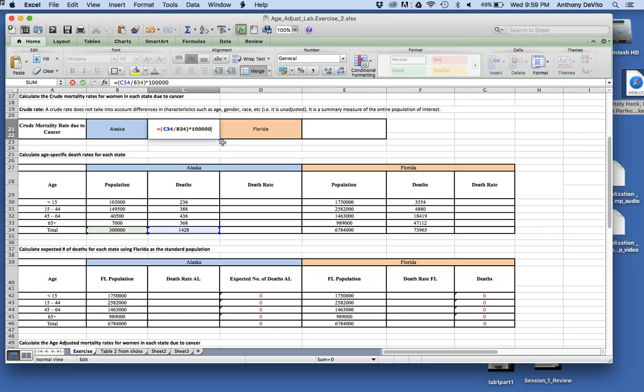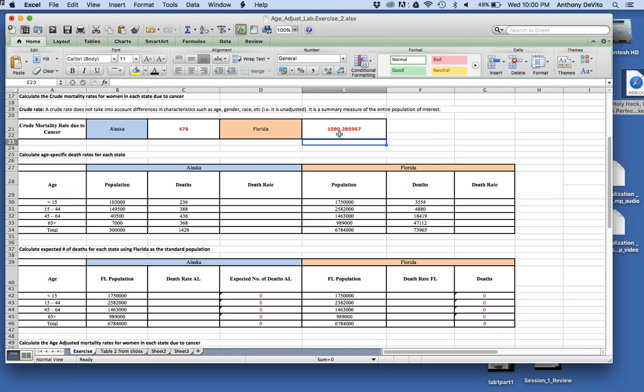So we have 476 deaths per 100,000 among women in Alaska, all age groups. How about in Florida? That's going to be equal to the total number of deaths in Florida divided by the population of females in Florida, again multiplied by 100,000.